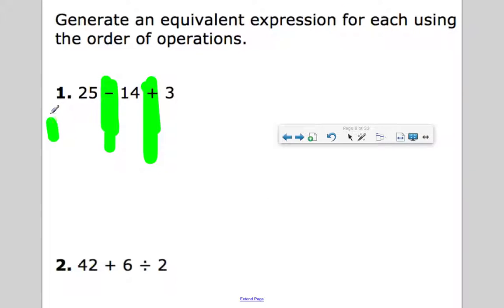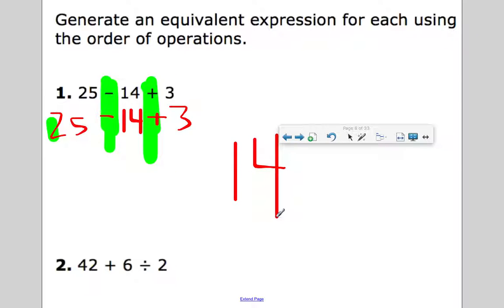So the first term is 25. Can I do anything to that? No. The middle term is 14. Can I do anything to that? No. The third term is 3. Can I do anything to that? So what is 25 minus 14? 11. 3 more is 14. So the value of this is 14.